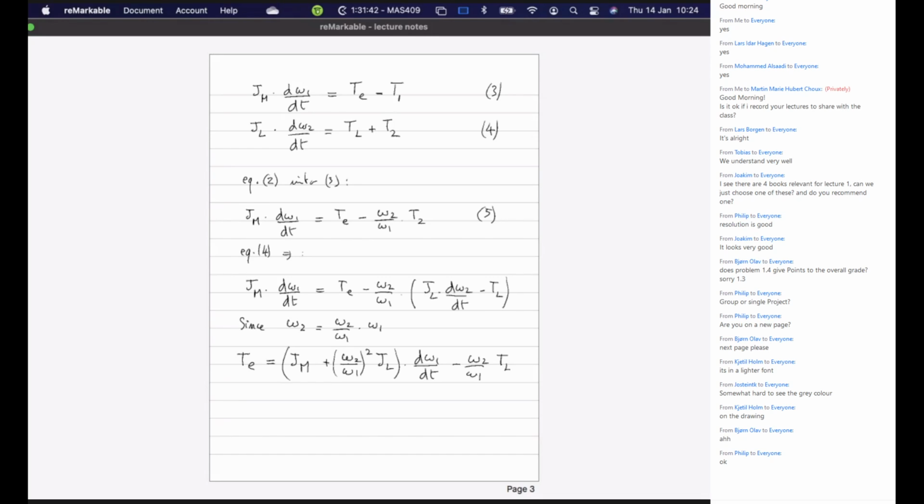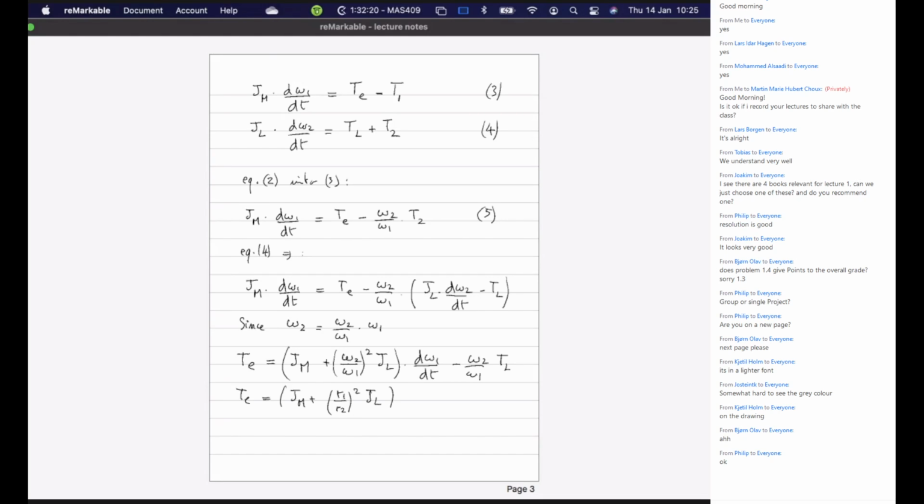If we look at gearbox ratio, we can also write Te equal to Jm plus IGB squared. No, sorry, I actually want to write it with R1, R2. IGB was equal to R1 divided by R2, squared JL.